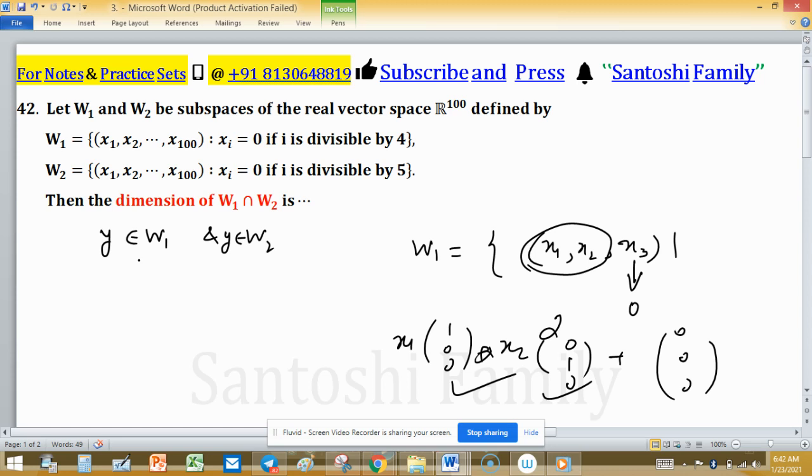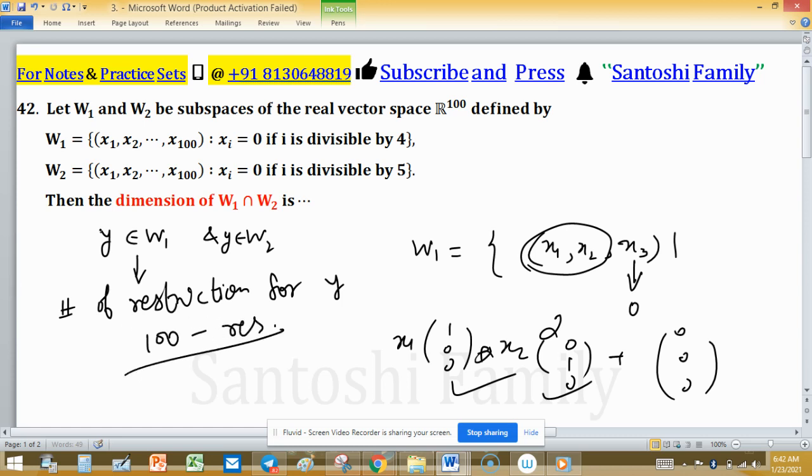So we have to check at how many places we are restricted for element y. We have to find the number of restrictions for y, and take 100 minus the number of restrictions. That will give you the dimension of the intersection.